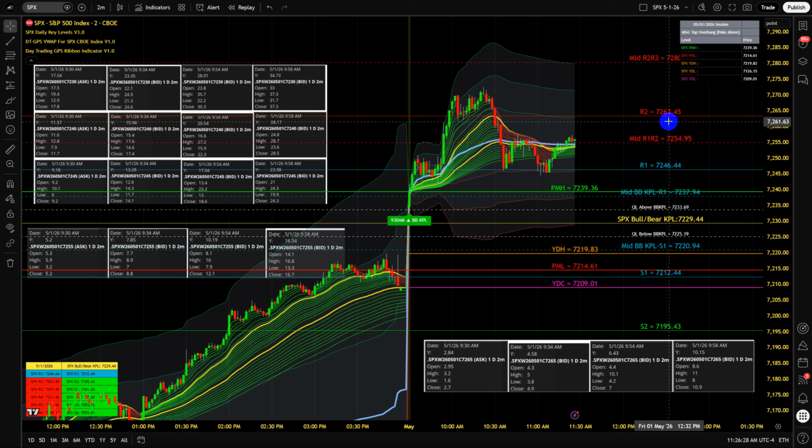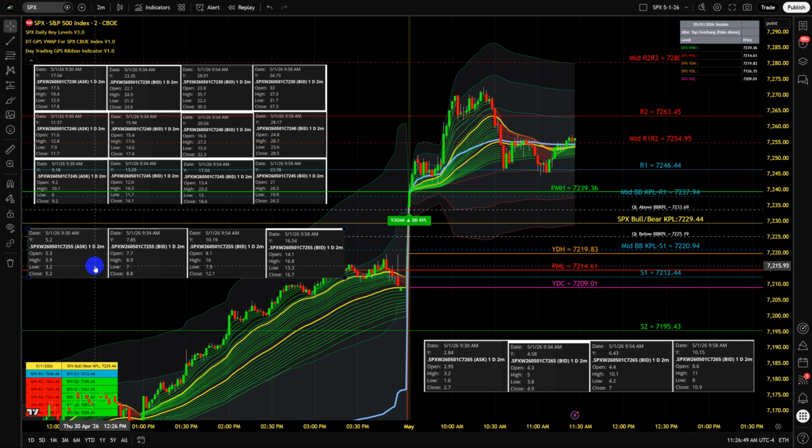Now, what are some of the advantages of the early session lotto options trade? One is cost. It's going to definitely cost a lot less to enter into these trades versus the regular 3 different strike options that are part of the regular strategy. So the cost is going to be a lot less.